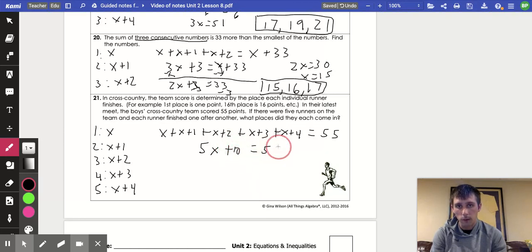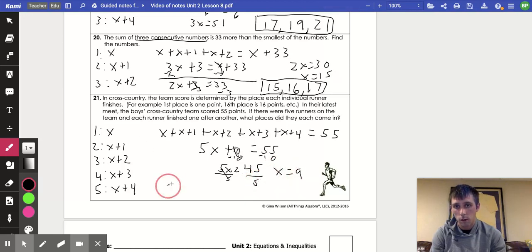Equals 55. Subtract 10. 5x equals 45. Divide by 5. x equals 9. So the first runner got 9th.